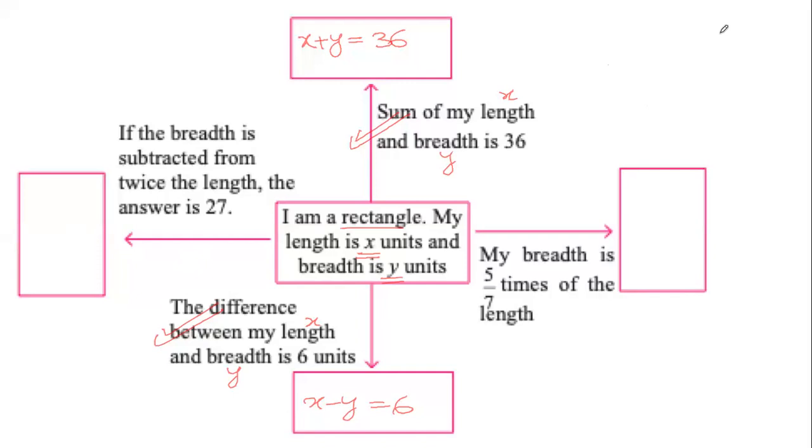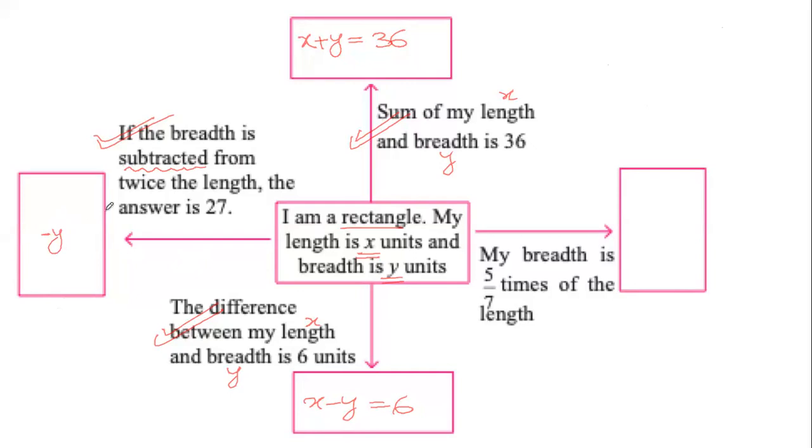Now, if you look at the one on the left, it says, if the breadth is subtracted from twice the length. So clearly, the operation is subtraction. What is subtracted from what? Breadth is subtracted means something minus y.